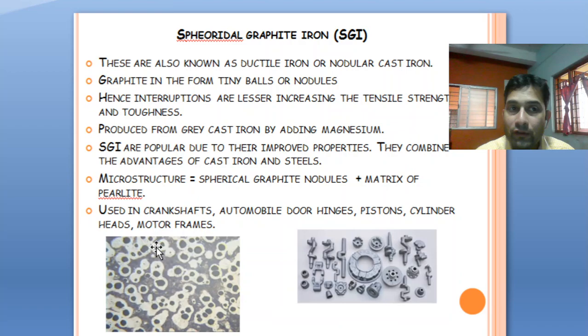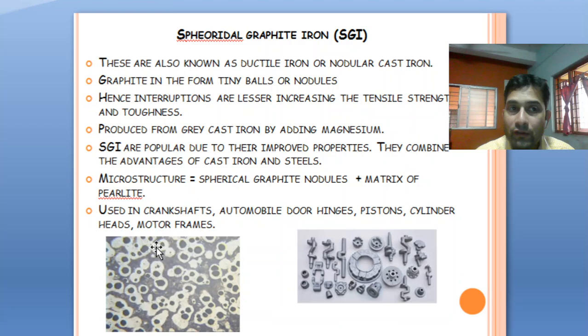In many places, spherical graphite iron is used similar to steel. Hence this type of cast iron is very much important. The importance lies in the fact that although it is a cast iron, its properties are just similar to that of steel, and that's why it is used in industries.